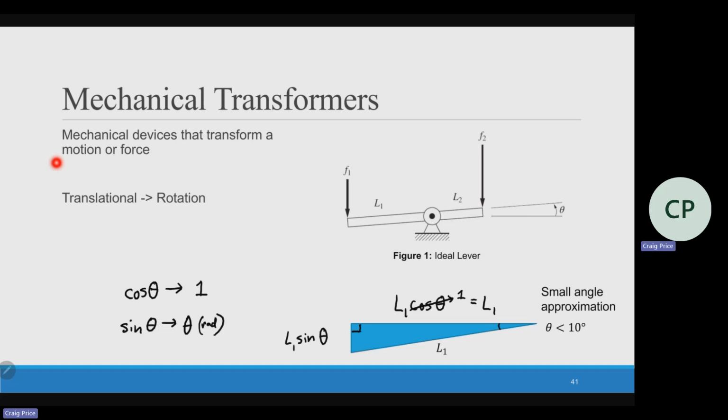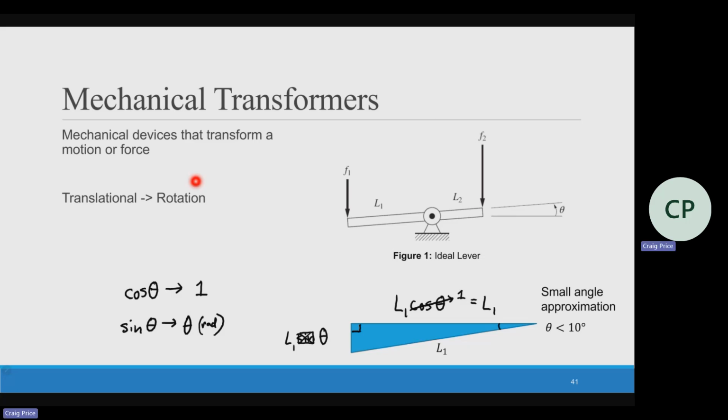I forget exactly what 10 degrees is, maybe something like 0.05 radians. So the sine goes away, that's nonlinear, and we're left with L1 theta. We're going to use this on the next slide, because as we go through problems, I am always going to use the small angle approximation in this class for creating some of these relationships.